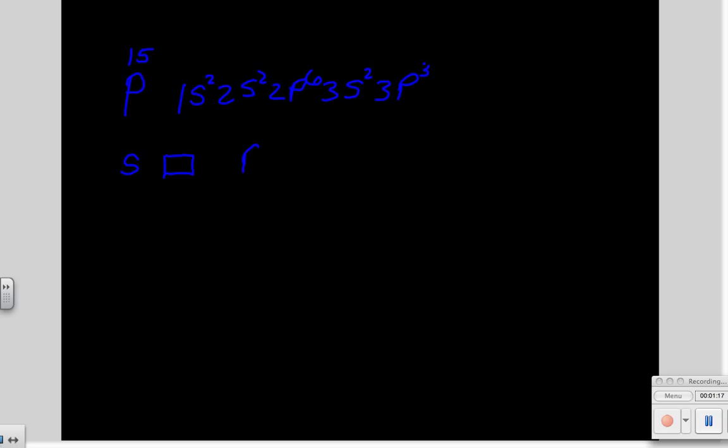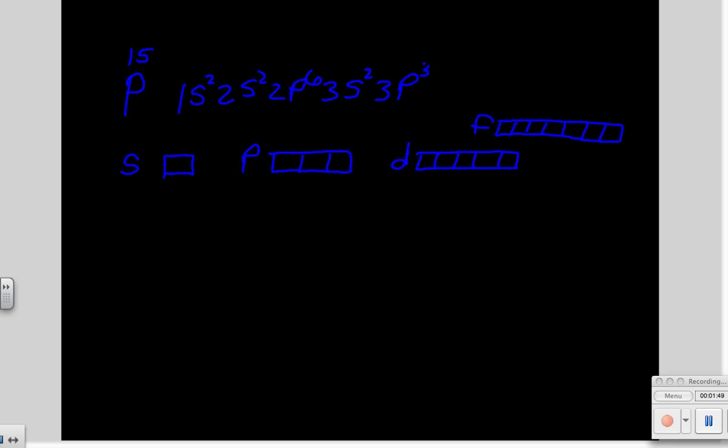A p sublevel has 3 orbitals, so it gets 3 boxes linked like this. A d with its 5 orbitals would have 5 boxes like this. And an f with its 7 orbitals is going to have 7 boxes.